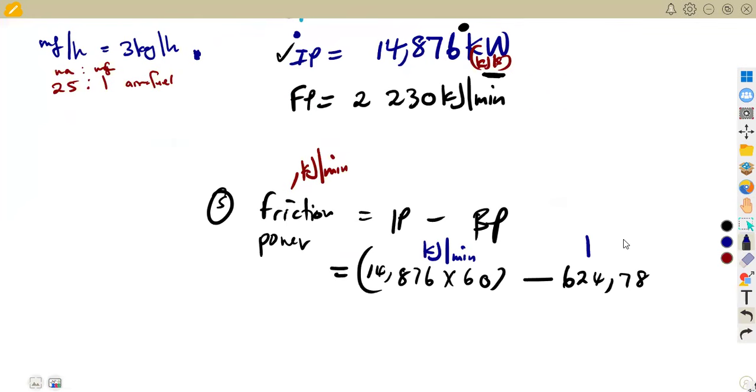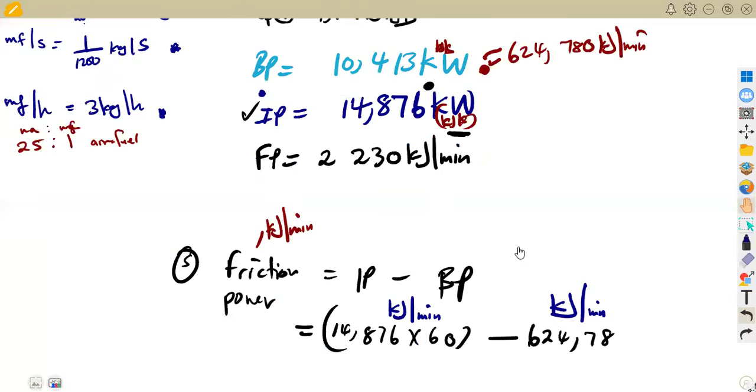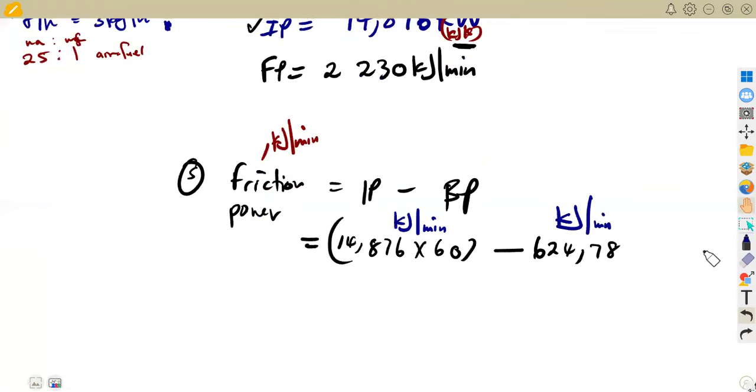This was already in kilojoule per minute. Remember, we did the conversion here. So by subtracting this, we are obtaining the friction power in kilojoules per minute. That is the idea there.